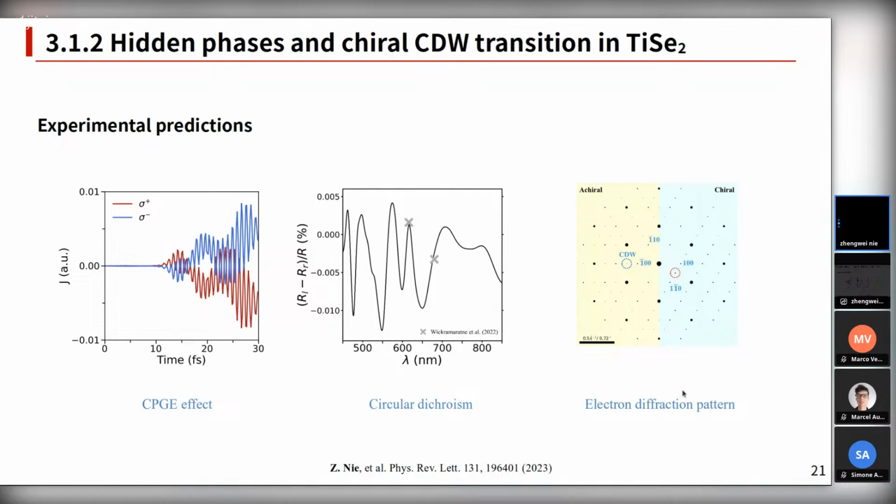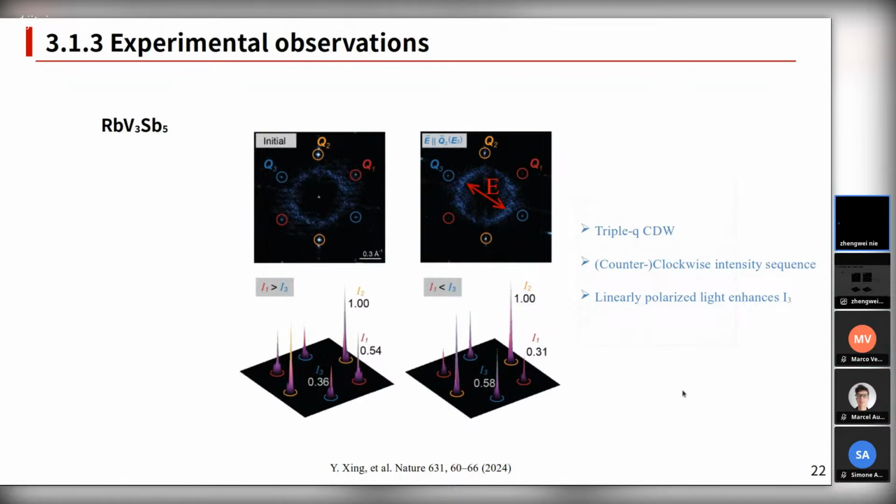We also calculated some experimental predictions, such as the circular photogalvanic effect, the circular dichroism, and electron diffraction patterns. And last year, I saw some other experimental research. They did very similar research to mine and got some observations.